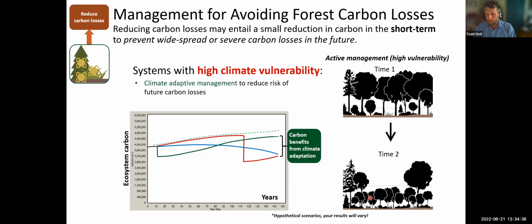We would be doing this to encourage regeneration of a more future adapted or better adapted species, such as maybe a shade intolerant tree species that's adapted to warmer and drier conditions. And so as those trees begin to grow, you get carbon accruing, and relative to the no management scenario under high vulnerability, you have more carbon in the system.